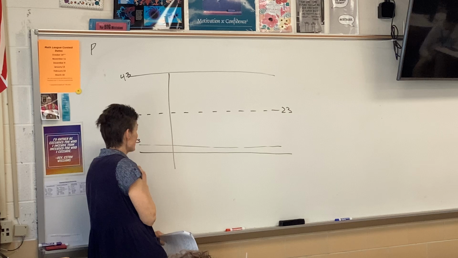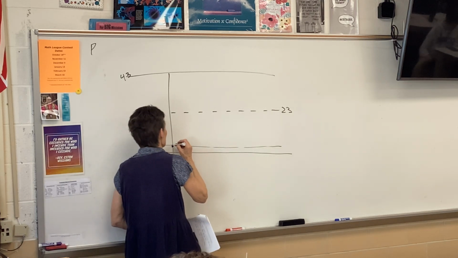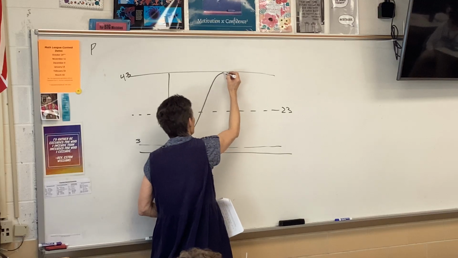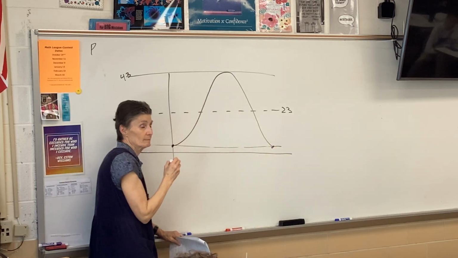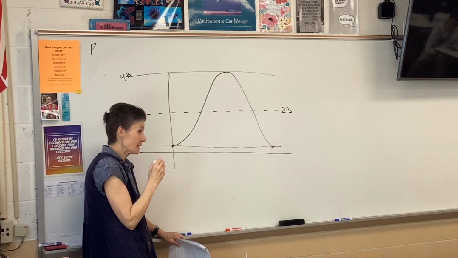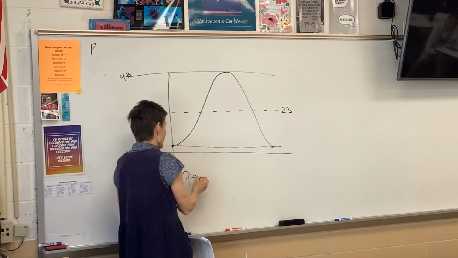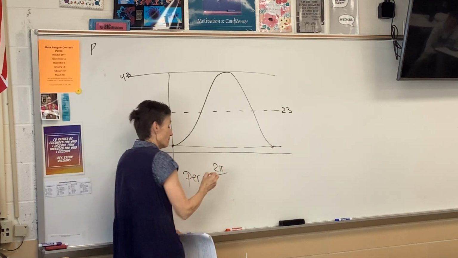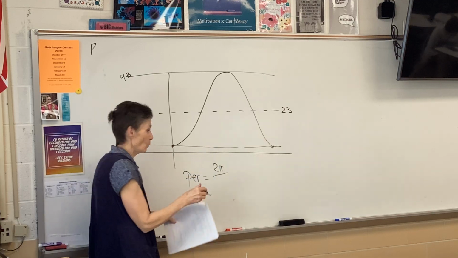Since there's no phase shift, it starts right here. It goes up and comes down, and that is one period. Now, speaking of period, what is a period? Well, period for a cosine is 2 pi divided by, in this case, pi over 4.